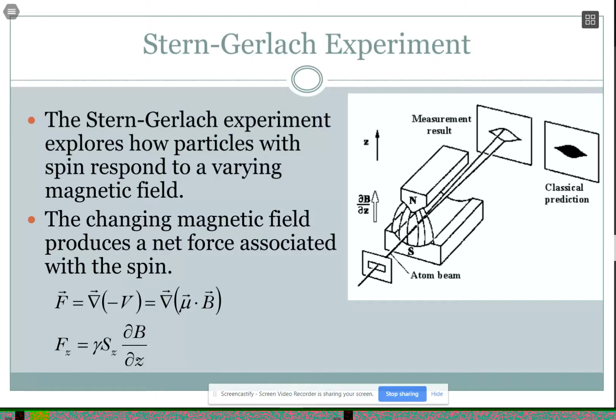Now I said the electron, but I would actually have to go back. I'm pretty sure that it's not nuclear spin, but it could be. I didn't review the Stern-Gerlach experiment to make sure which spin it is. But it's showing the quantization of spin, that the orientation can't be anything. From the quantum physics we've gone through, the math seems logical.